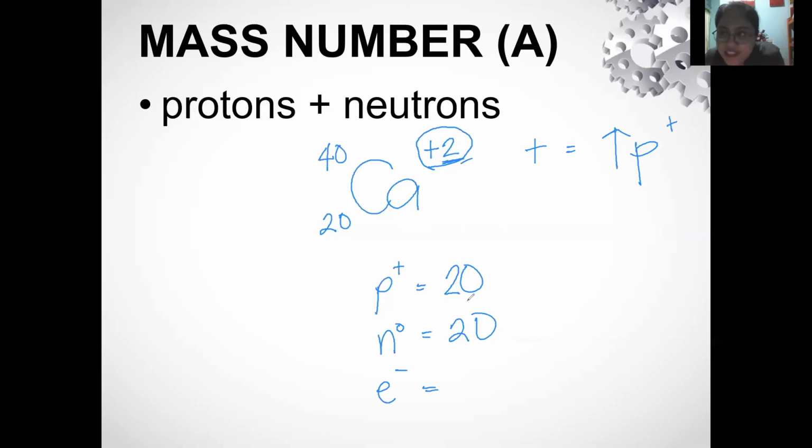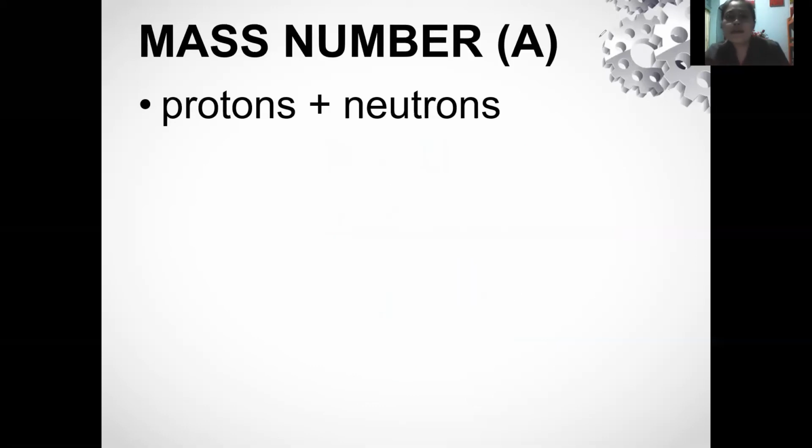So since this is 20 and hindi mo siya pwedeng baguhin, automatic ang gagawin natin, magma-minus na lang. Gagawin nating 18 ang electrons. So ngayon, mas madami na ang protons ng dalawa. That's how you predict the numbers of protons, neutrons, and electrons.